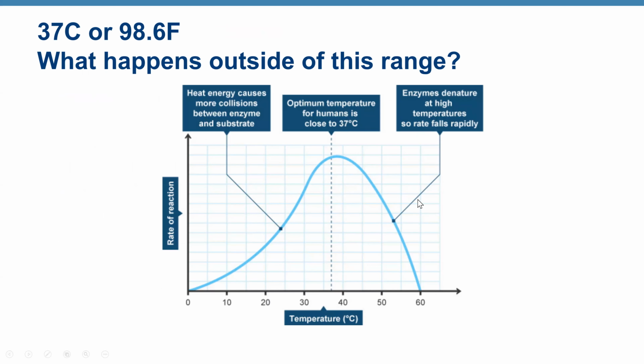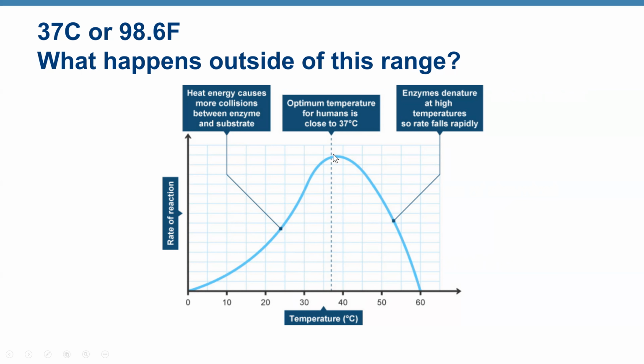On this diagram, you can see how temperature can affect the rate of chemical reaction in your body. On the x-axis, you have temperature, and on the y-axis, you have rate of reactions, and you can see that rate of reaction is highest at the optimum temperature.